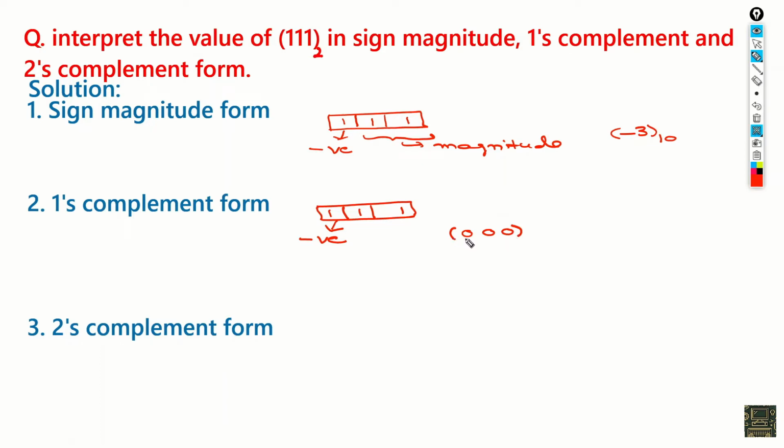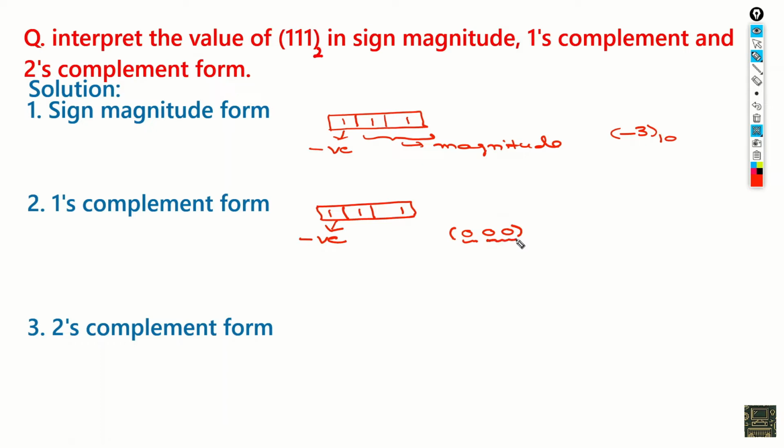And what is the value of this number? We represent a number using 1's complement form by first representing the number in binary using sign magnitude form for positive representation, then taking the 1's complement.